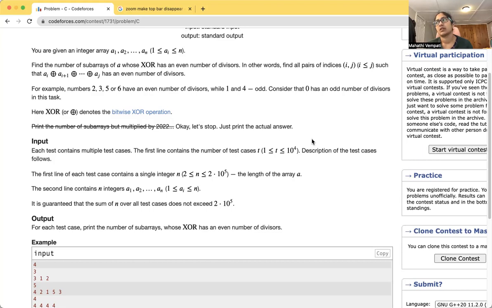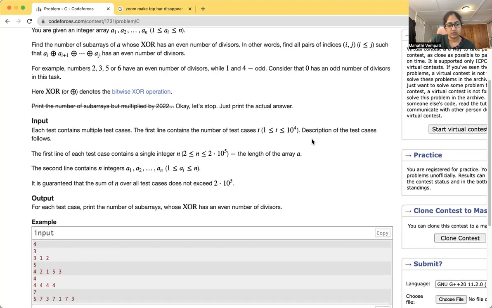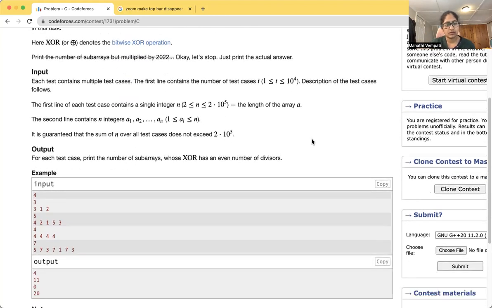What is interesting is that it's not a permutation, but you're just guaranteed that all the numbers are less than n. So before looking at test cases, do you want to think about something?